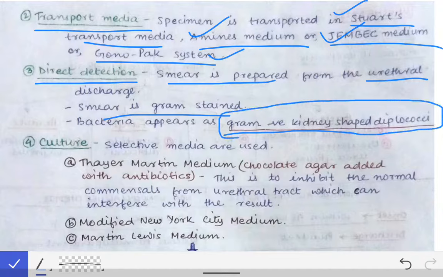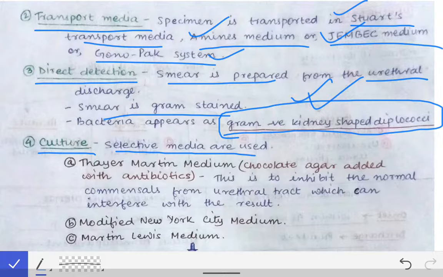You must remember this whole term: the gonococci are gram-negative kidney-shaped diplococci. Once you detect these gram-negative kidney-shaped diplococci, then we can get a clue that yes, it is gonococcus.